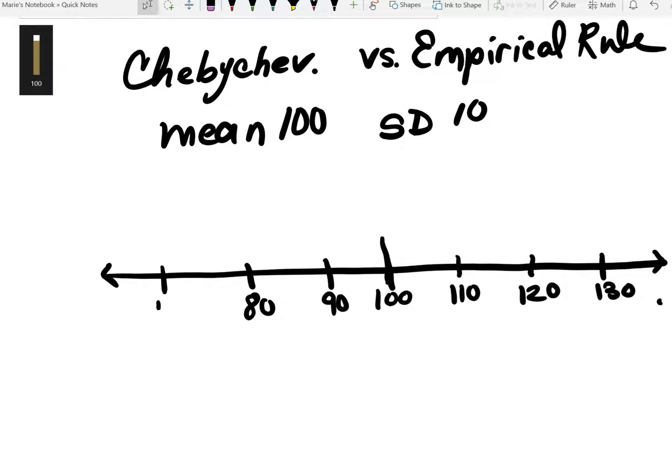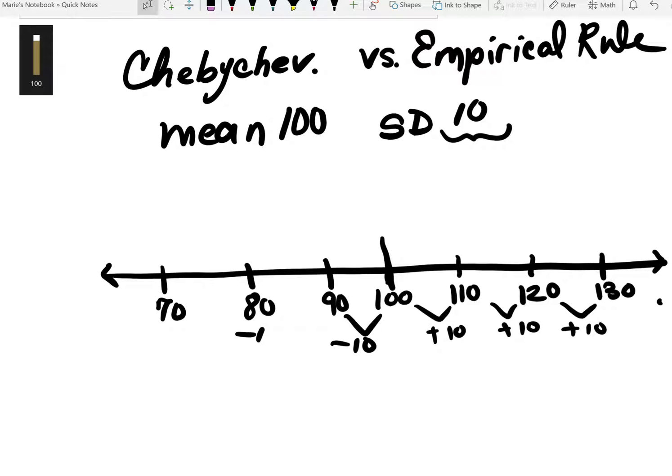And from the 80, I subtract another 10 to get 70. And the additions on this side, you're adding plus 10 each time, and over here, it's the opposite. When I go this way, I'm subtracting 10 from the mean and continuing that pattern through all the values.